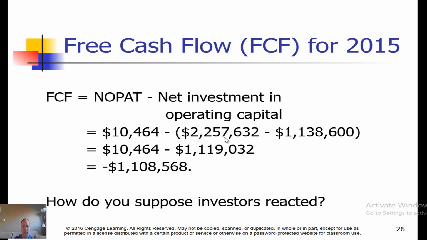The difference between 15 and 14 of 1,119,032. So our free cash flow was negative 1,108,568. This free cash flow, of course, had to be financed by more borrowing and other financing activities.